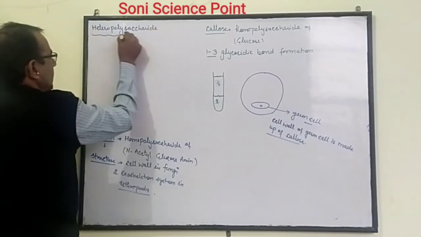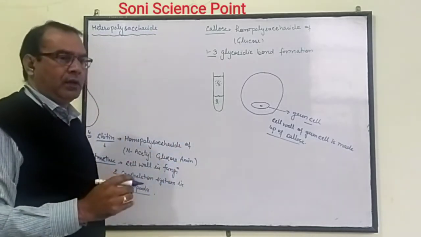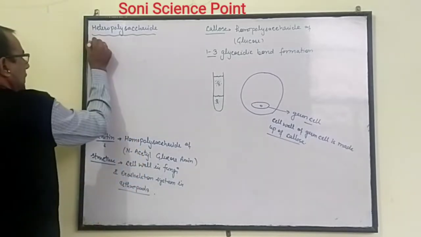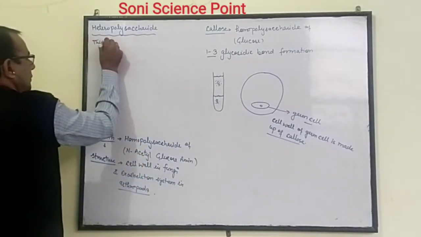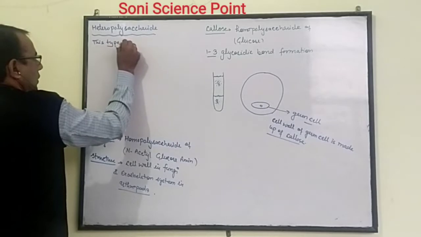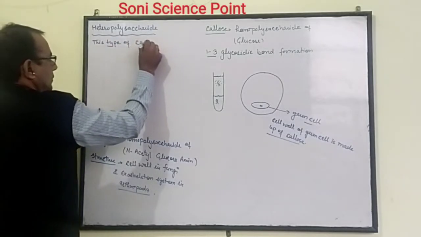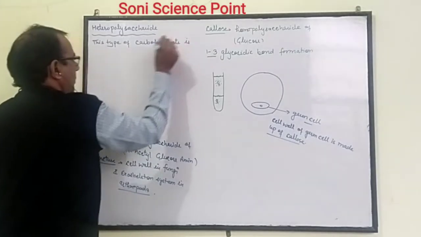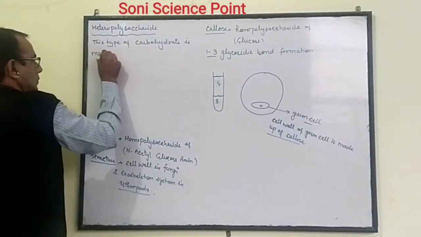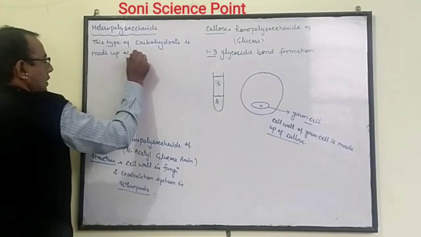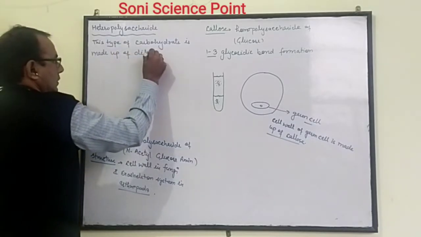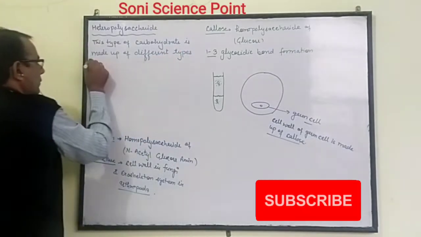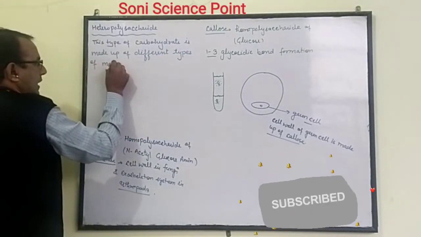The carbohydrate which contains many types of monosaccharide and forms a long chain. This type of carbohydrate is made up of different types of monosaccharide chain.